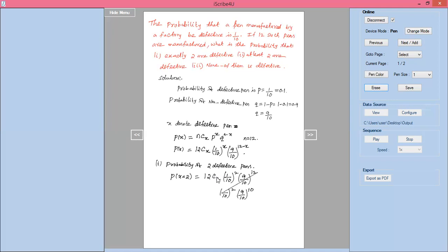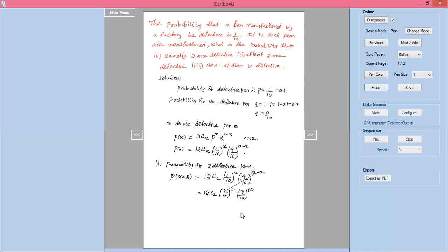If you simplify this using a calculator, you will get 12C2 into 1 by 10 whole square into 9 by 10 whole power 10. 12 minus 2 is nothing but 10.